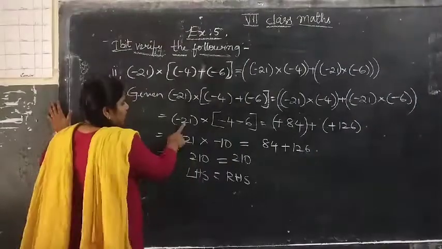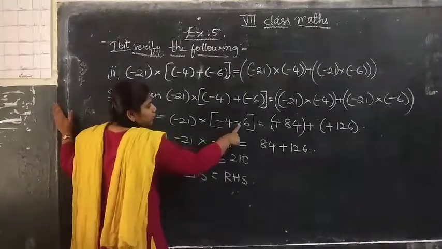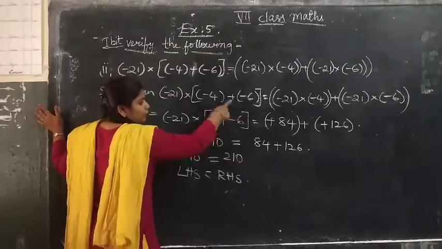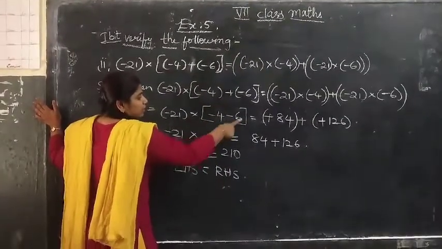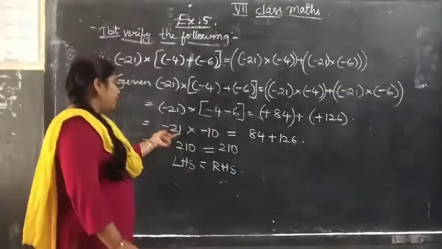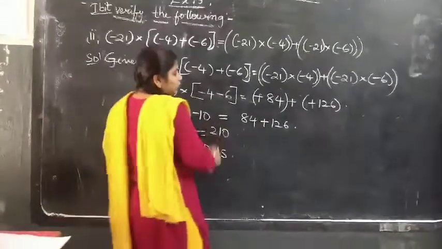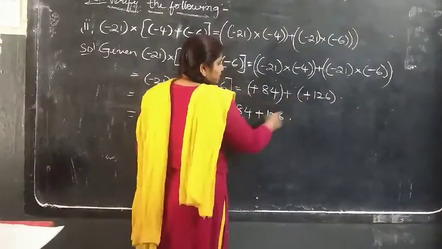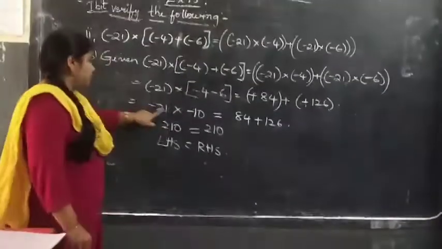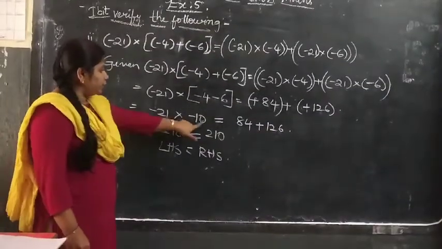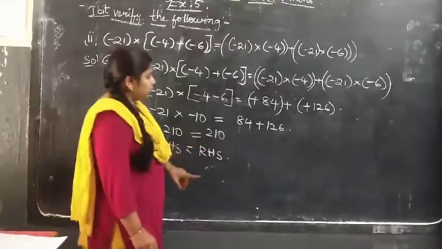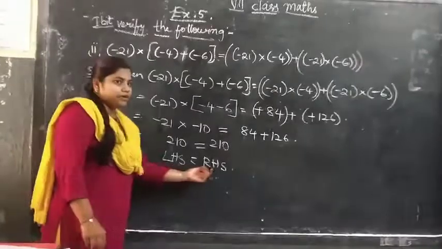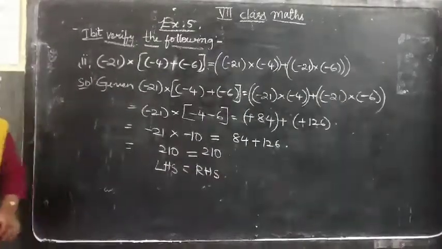Now you solve this, minus 21 into minus 4 minus 6 will be minus 10, because minus into minus is plus. We have to add the numbers, 6 plus 4 is 10, the bigger number's sign is minus. So that will be minus 21 into minus 10, is equal to 84 as it is, pressing the double sign here, plus into plus is plus 126. Now minus into minus is plus, 21 into 10 is 210, is equal to 84 plus 126, which is 210. So the LHS part is equal to the RHS part. Now next one.